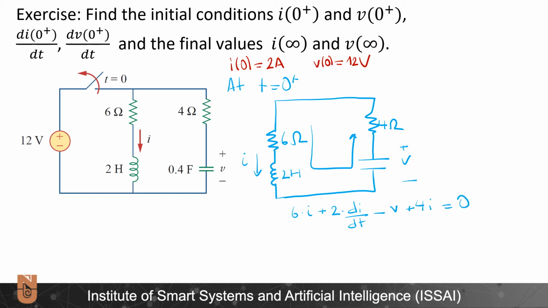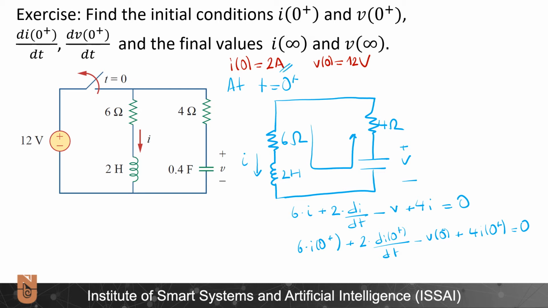Now at t equals 0 plus, I can write that this will be 6 times I0 plus, 2 times di0 plus over dt, minus V0 plus 4 times I0 plus again. This is V0 plus, I0 plus is equal to 0. So this will be equal to 10 times I0.